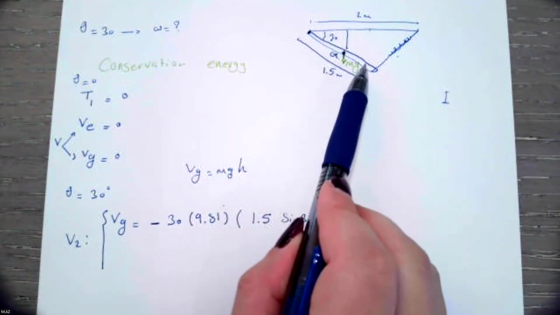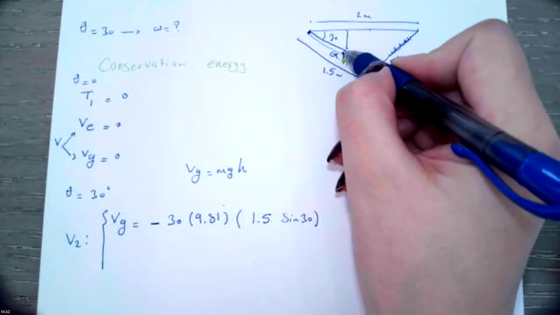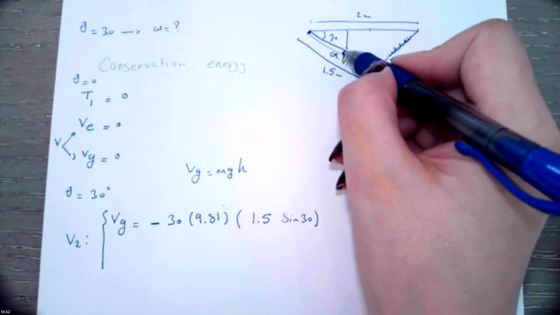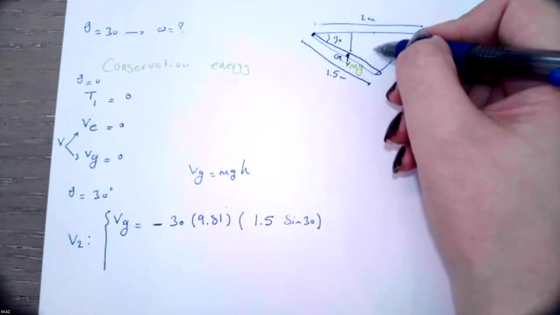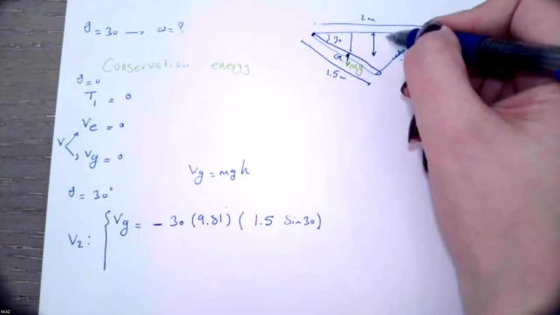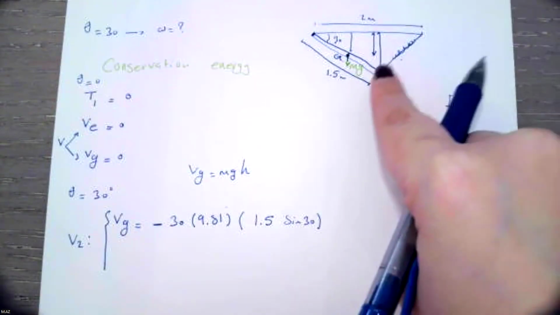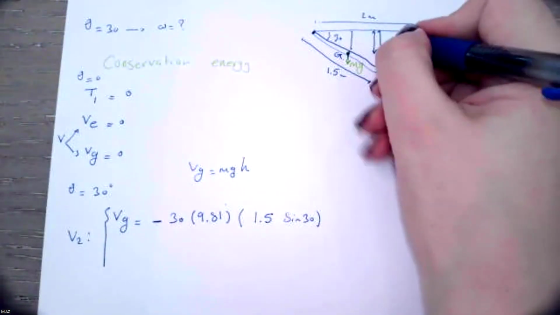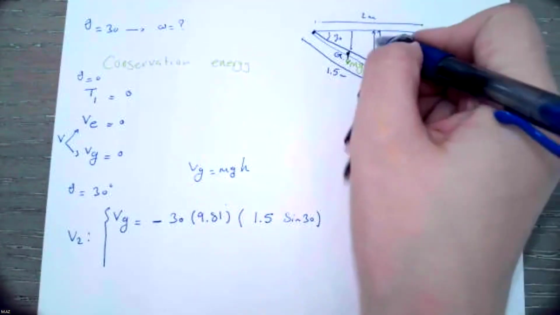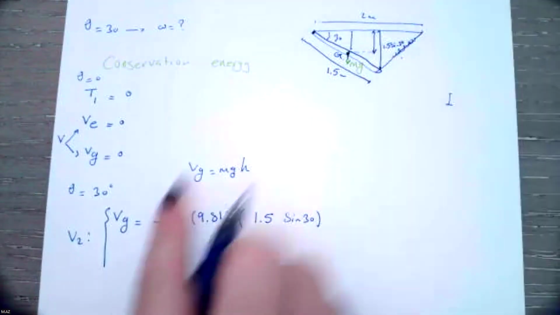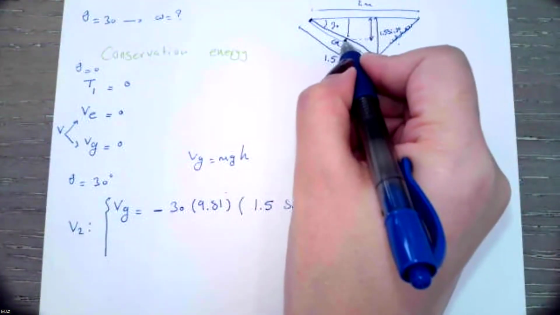This is about the rigid body. For this reason, if you are trying to find the gravitational potential energy at the center of the mass, we are working with half of this length. 1.5 is the whole length of the rod, so it is 1.5 sine 30, but we are finding the gravitational potential energy at the center of the rod.